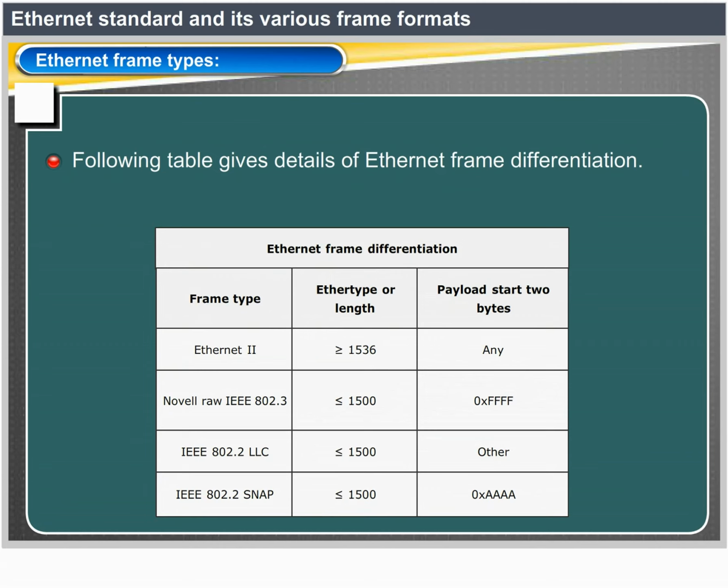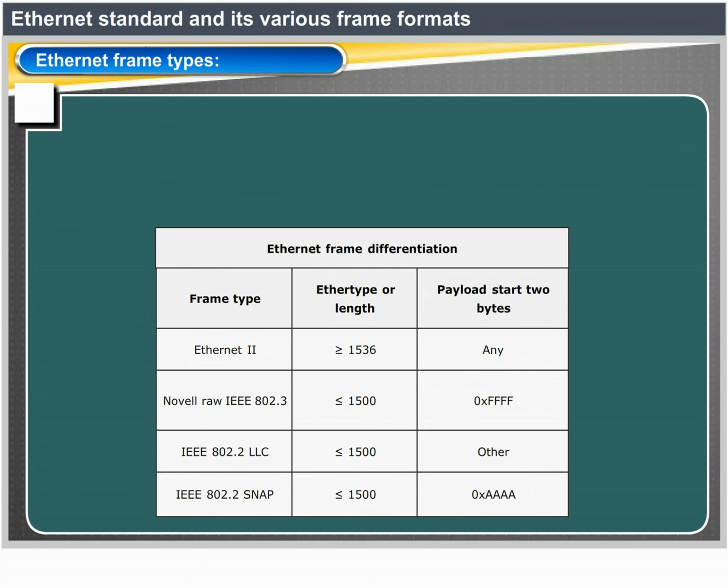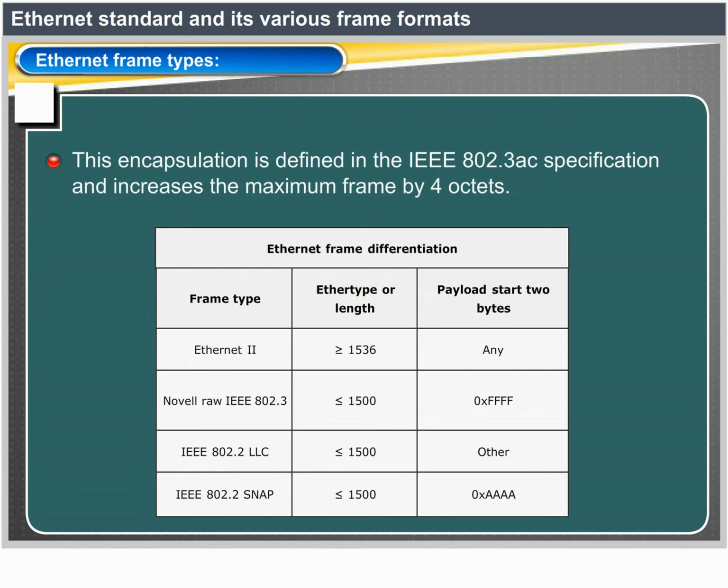In addition, all four Ethernet frame types may optionally contain an IEEE 802.1Q tag to identify what VLAN it belongs to and its priority, or quality of service. This encapsulation is defined in the IEEE 802.3ac specification and increases the maximum frame size by 4 octets.